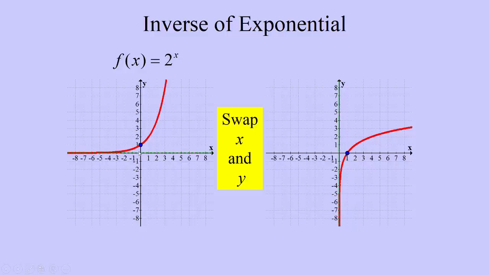We had a dot on 2 to the x at (0, 1). If we swap, that means (1, 0). We had a dot on the graph of 2 to the x at (2, 4). That means we've got a dot on the inverse at (4, 2). And so on. This is the graph of the inverse of 2 to the x.